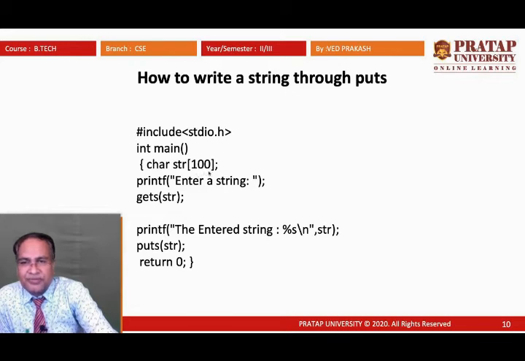Here we define a string of characters having 100 elements, and we give it any string name, and using this gets function, the string is read. In this statement we can also give statements having blank spaces.